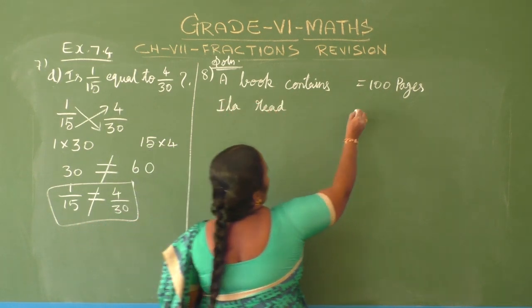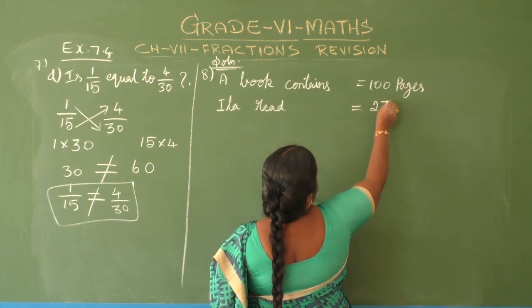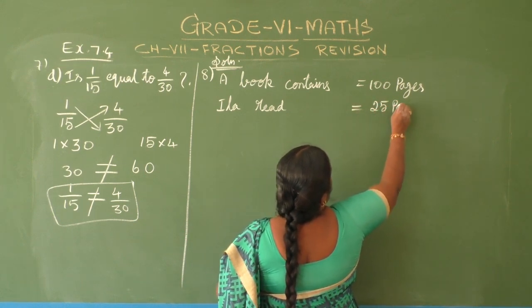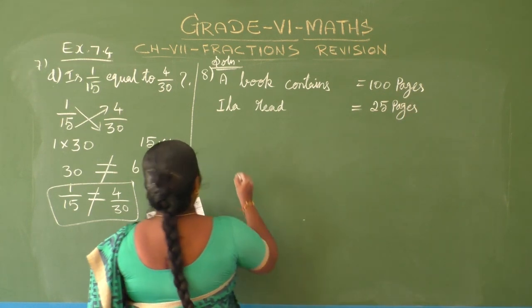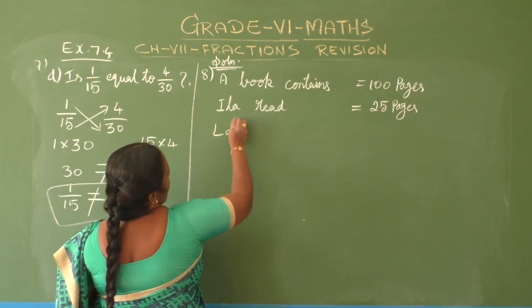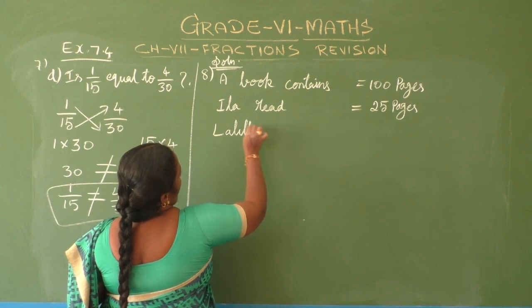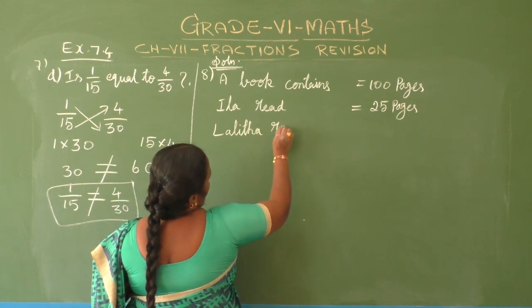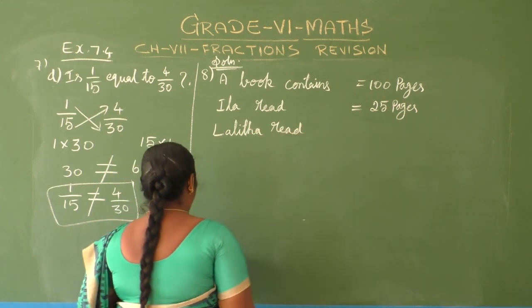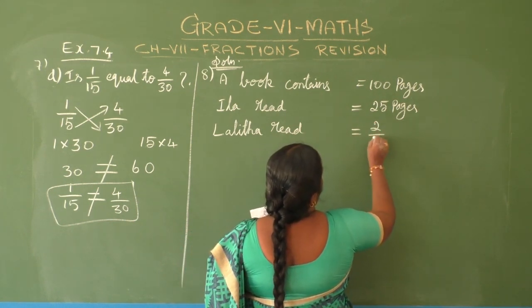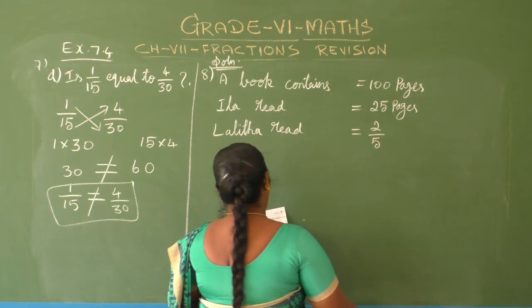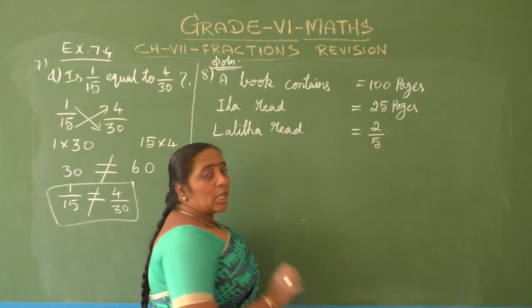Ila read 25 pages. Then Lalita read how many pages? Lalita also read the same book only. How many pages did she read? They gave it in fraction, 2 by 5. Right.